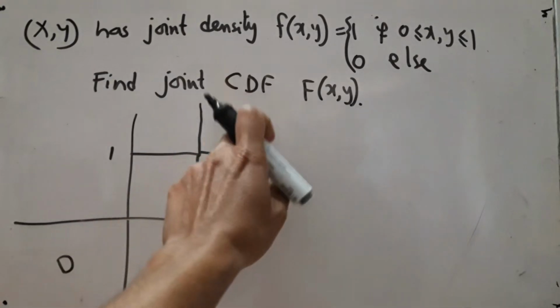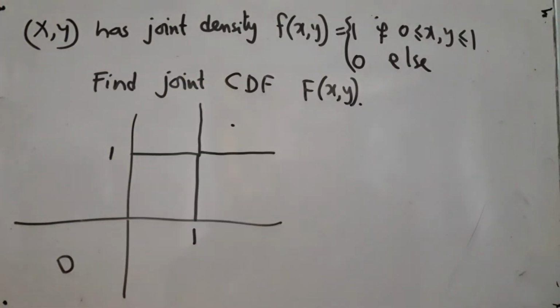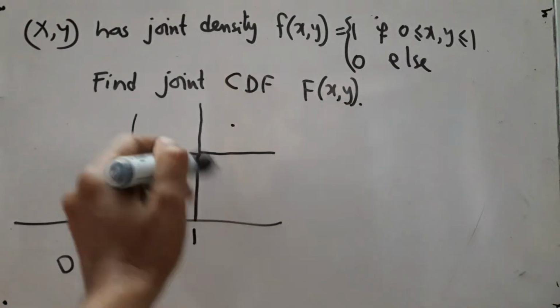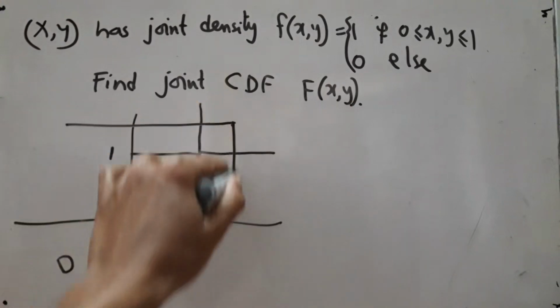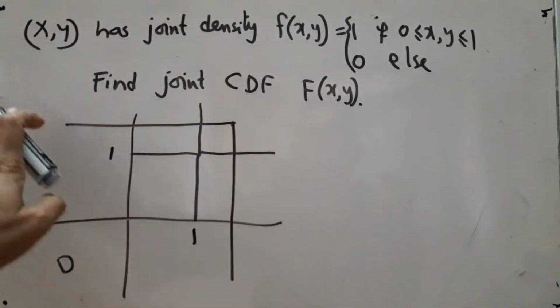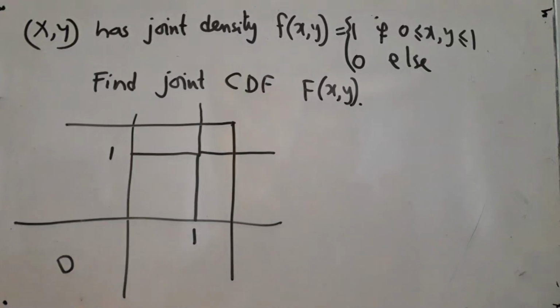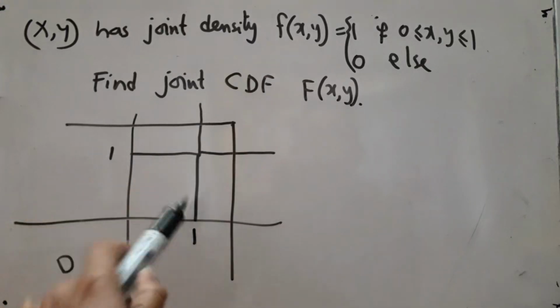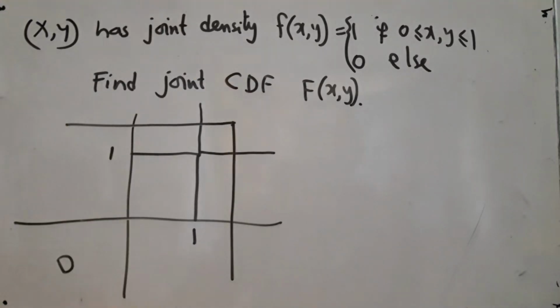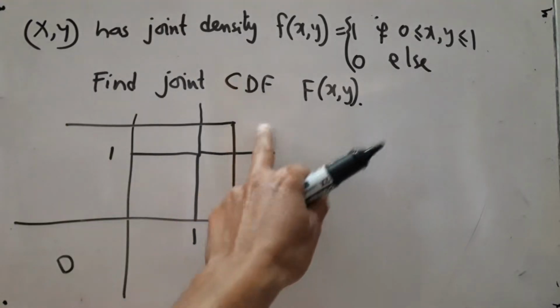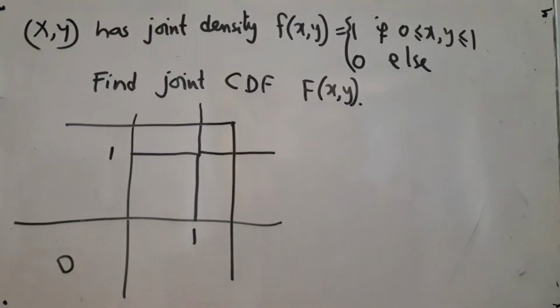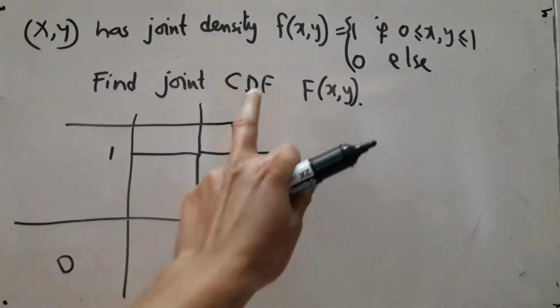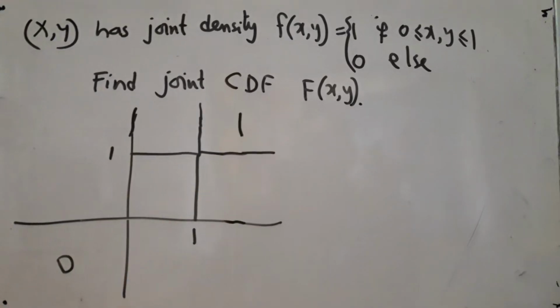Okay, let's see what the value is here. If I give you some (x, y) here, what is this? It is the probability that the random point (X, Y) lands in this infinite rectangle. And that is certain because (X, Y) must be in this square and this square is inside this infinite rectangle. So it is a certain event that (X, Y) will lie in this bigger infinite rectangle, so the value here will be 1.